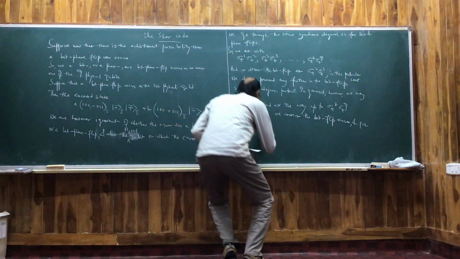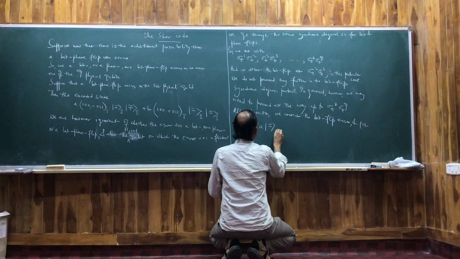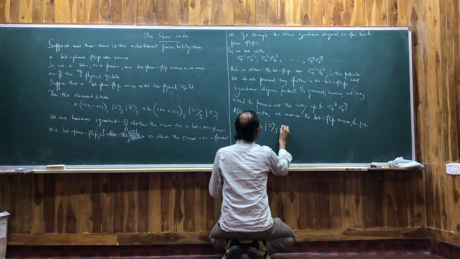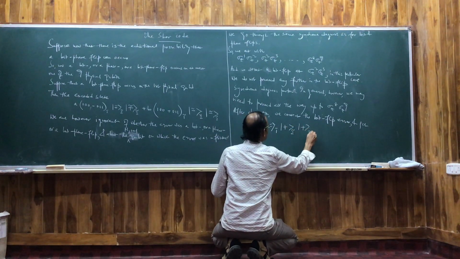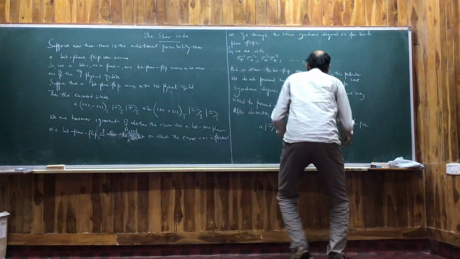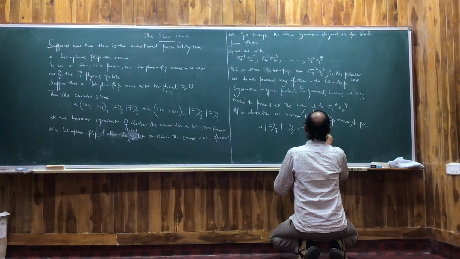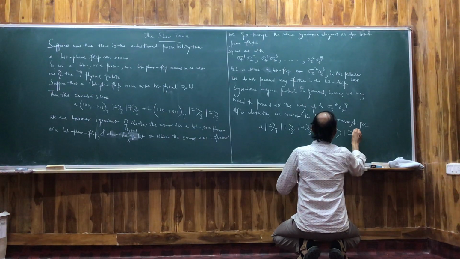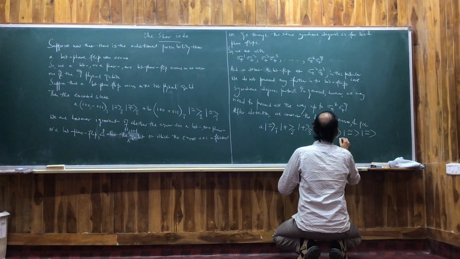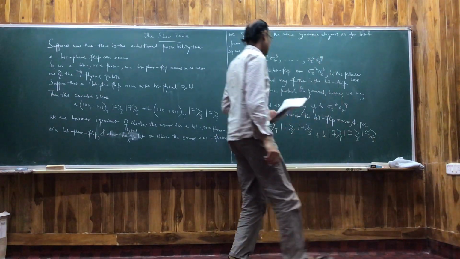So you get A minus tilde 1 tilde plus 2 plus 3 and plus B plus tilde minus tilde minus tilde.